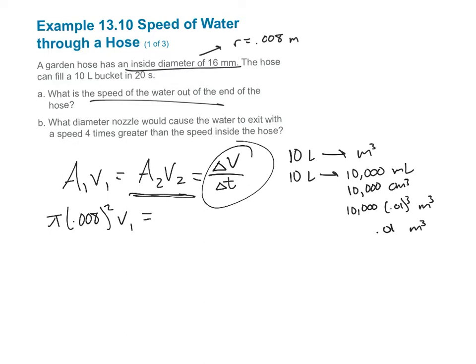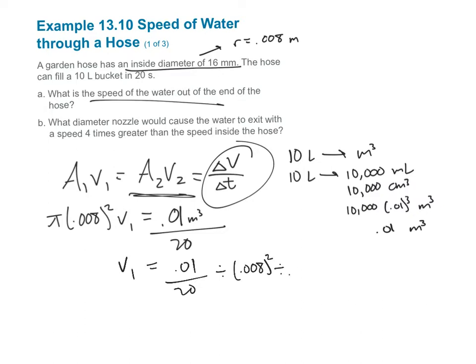So that's what we will use as the volume, 0.01 meters cubed divided by time, which is 20 seconds. And you solve that with a calculator for V1. You do 0.01 over 20 divided by 0.008 squared times pi, whatever that is, is your velocity 1. You can calculate it yourself. So that answers question A.